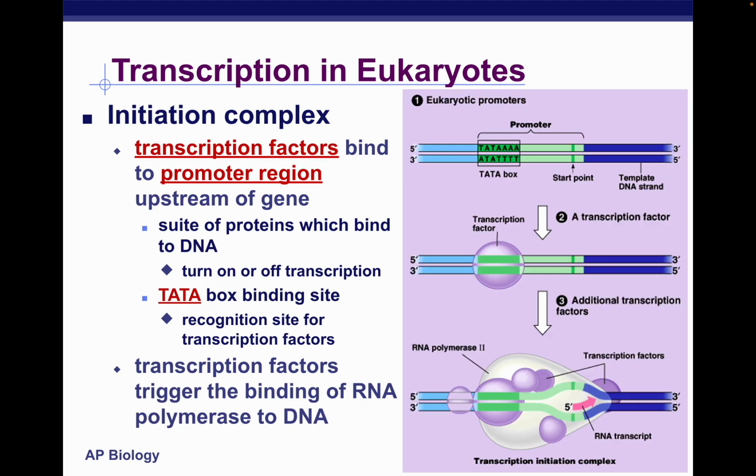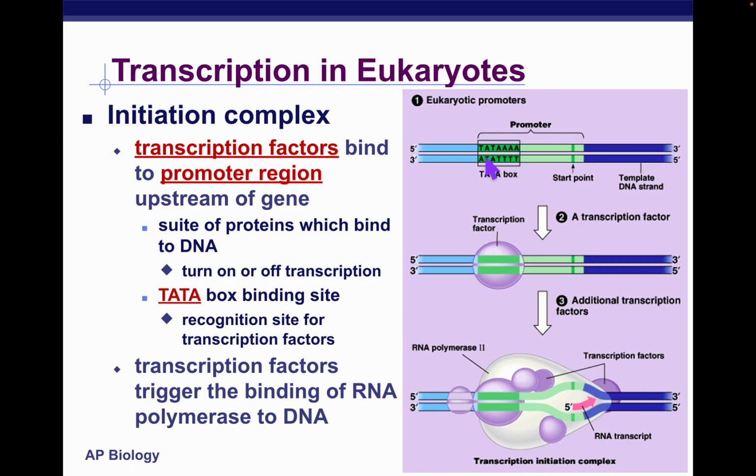We're going to talk about initiation of transcription in eukaryotes. There's an initiation complex, which consists of transcription factors, which are typically proteins that bind to a promoter region, which is upstream of the gene. If we're taking a look at a starting point here, we have a template DNA strand. Here's our gene, here's our promoter. These turn transcription on or off.